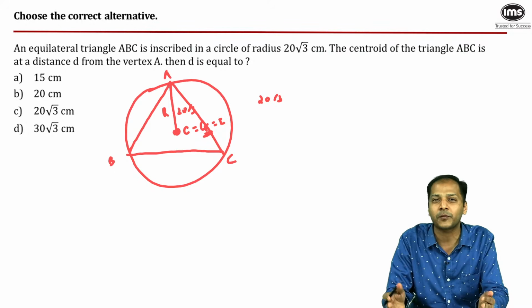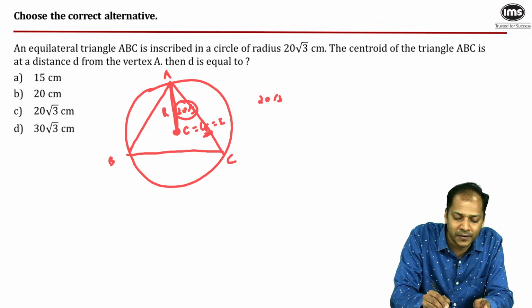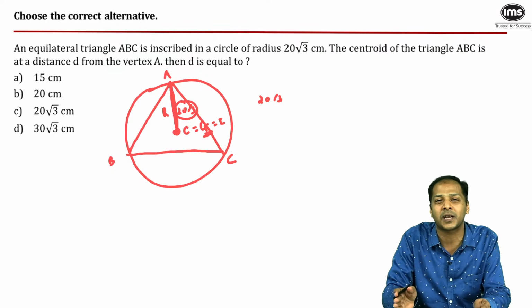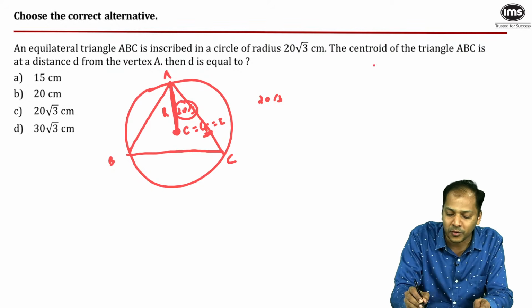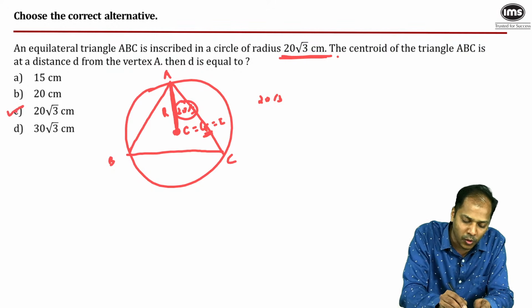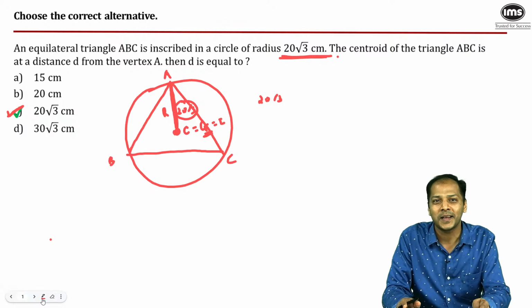In fact, we did not have to do any calculation over here. The circumradius itself is the distance of the centroid from the vertex, because centroid and the circumcenter are the same point. Therefore, if the radius is 20 root 3, the answer to this question is also option C, that is 20 root 3. I hope this is clear.